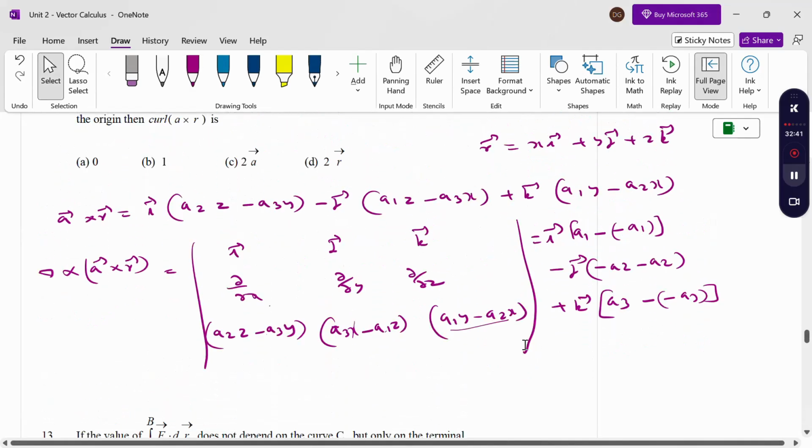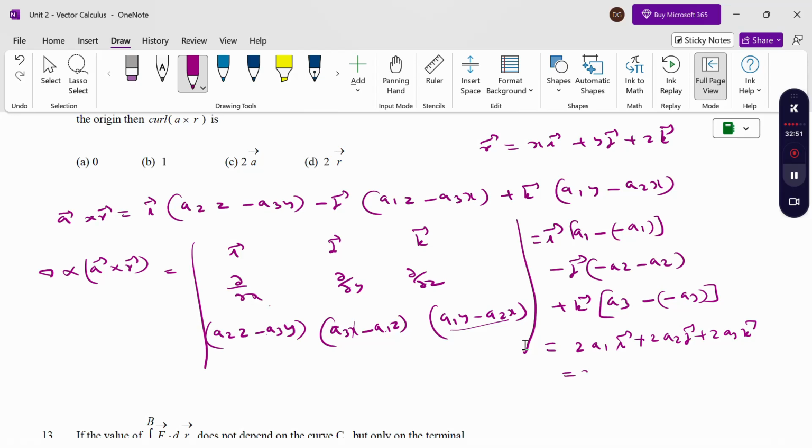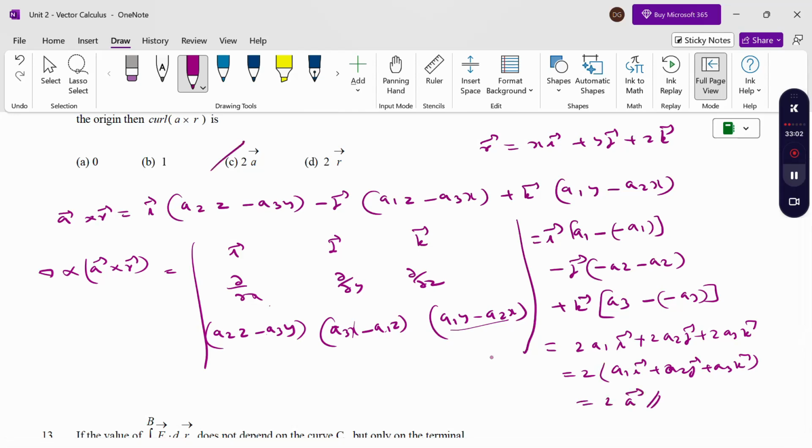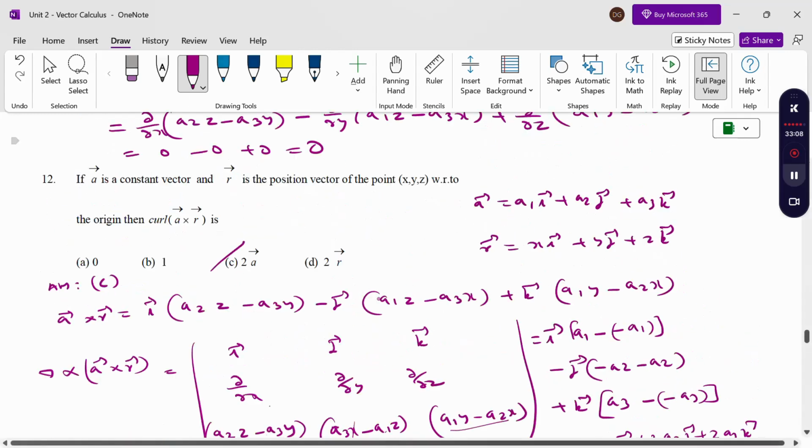Therefore this term is 2a1 i vector plus 2a2 j vector, 2a3 k vector. So when I am taking 2 common, a1 i vector, a2 j vector, a3 k vector, now 2a vector. So the option is C, answer C, 2a vector.